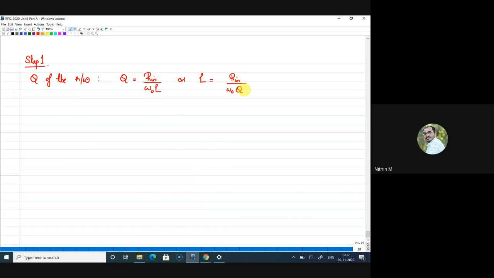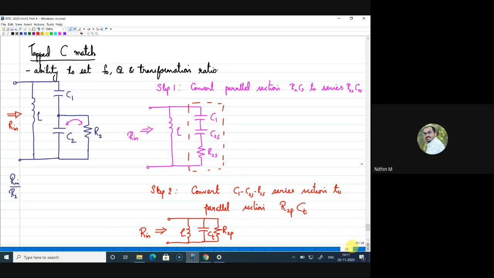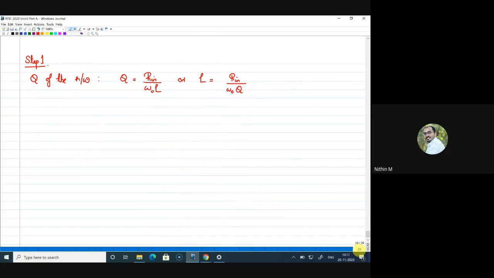Whenever a specification is given with a center frequency, bandwidth and impedance transformation ratio, you can directly find the Q factor, and with the impedance transformation ratio you will have the value of Rin, and with omega naught you can find L. The element L is not undergoing any transformation, so L can be obtained directly from the Q factor of the entire network. That is step one.